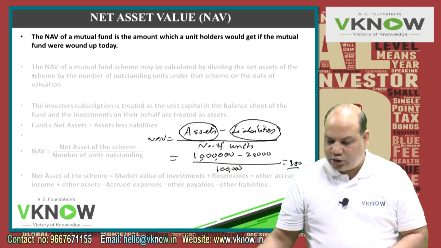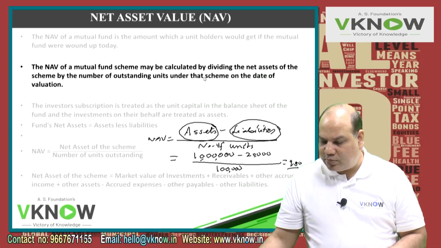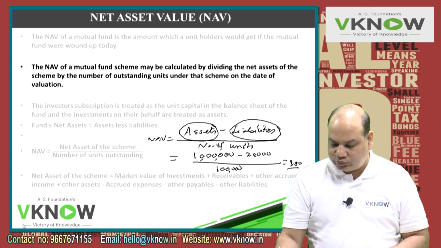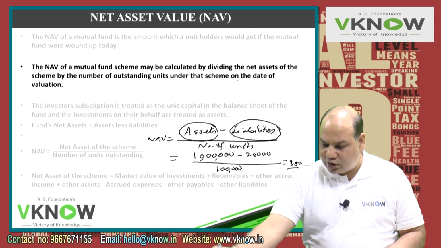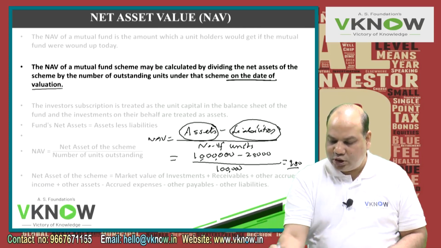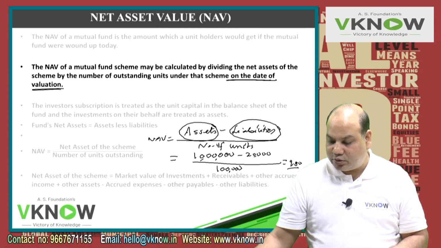Point number 2, the NAV of a mutual fund scheme may be calculated by dividing the net asset by the number of units of that scheme on the date of valuation. As you know, these mutual funds are required to calculate their NAV on a daily basis now.